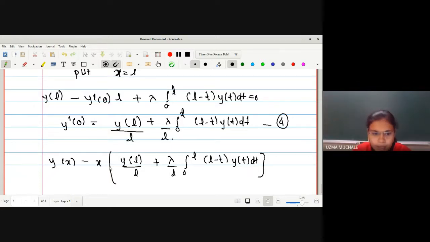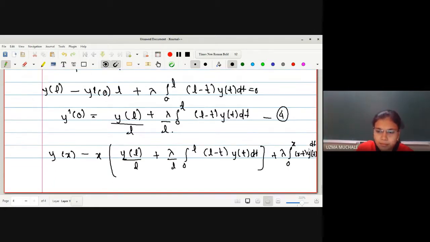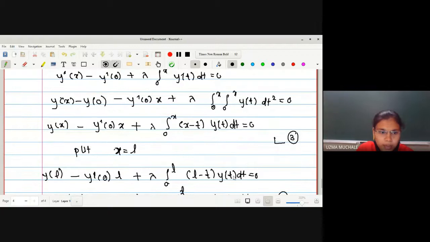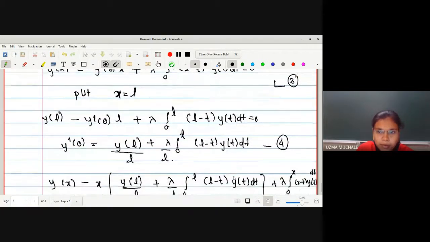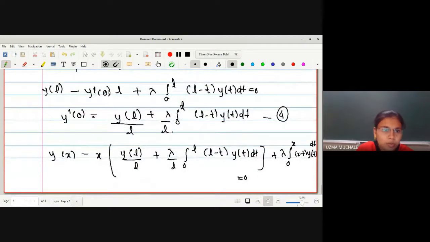This one, as it is multiplied by x, plus, what is the next term? Lambda integration 0 to x of x minus t y of t dt, which is equal to 0. What is the equation? Correct. Y of x minus y dash of 0 we have substituted, plus x plus lambda, the term, it is equal to 0.